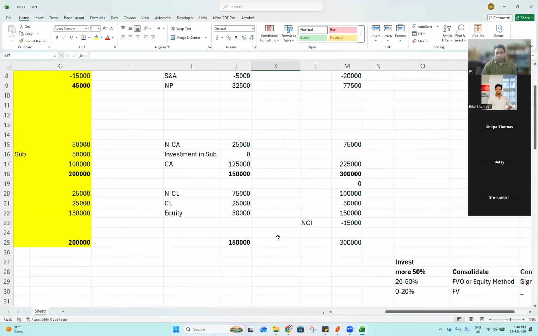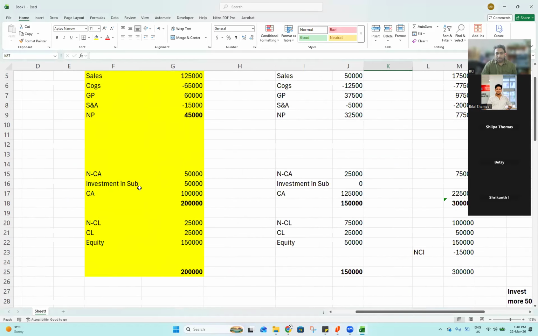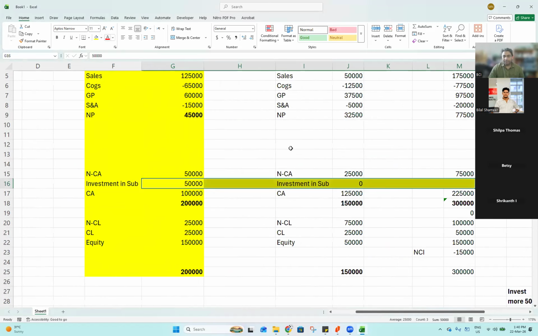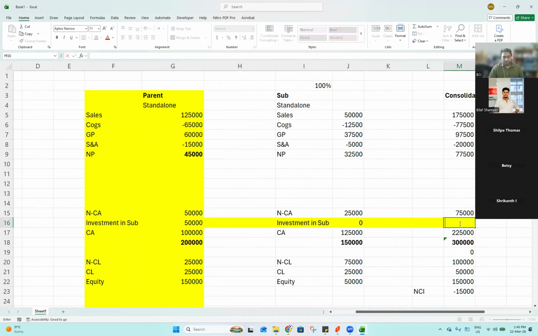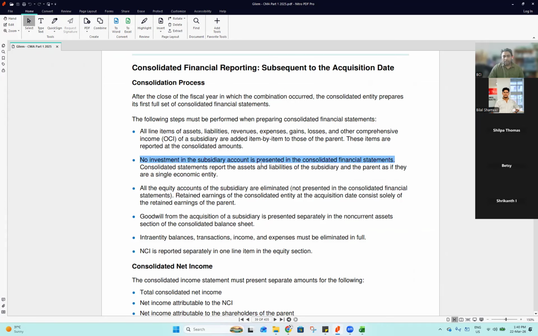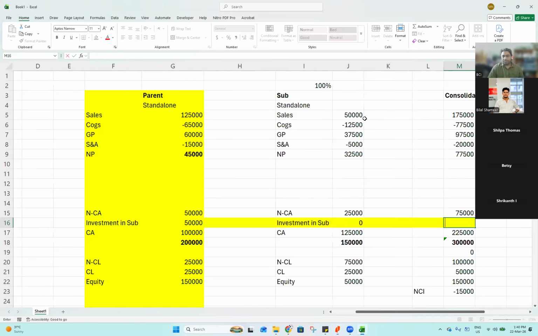When you go back to our old example, even though there is an investment, we will not take it to the consolidated. The consolidated statements report the assets and liabilities of subsidiary and parent as if they were a single economic entity. We added all of them together. Clear?